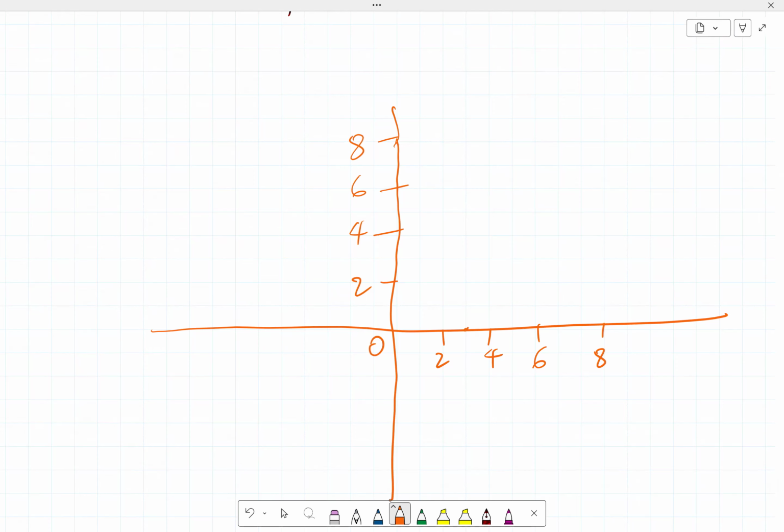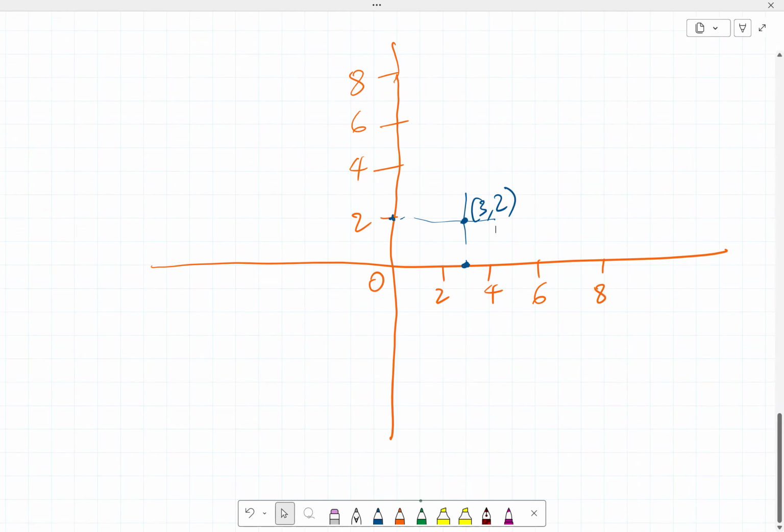So 3 is somewhere around here, okay? And this is 2. So if you go this and you go this, this is (3, 2). So 3 steps to the right and 2 steps up. That's (3, 2).